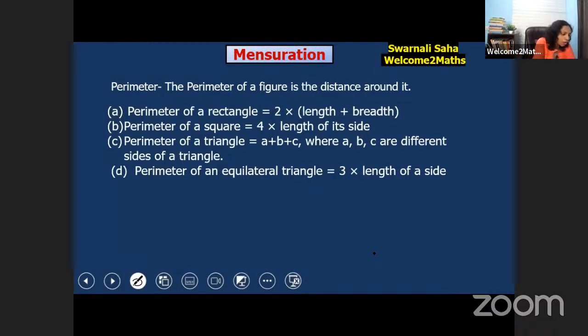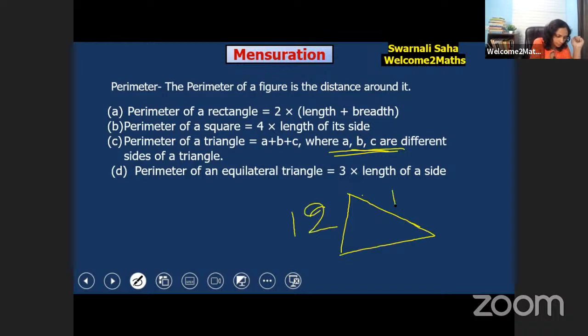Now the perimeter of a triangle. If the sides are different, A, B, C, then you have to add all the sides. Let's take 12, 17 and 28. Then you have to tell me the perimeter of this triangle.